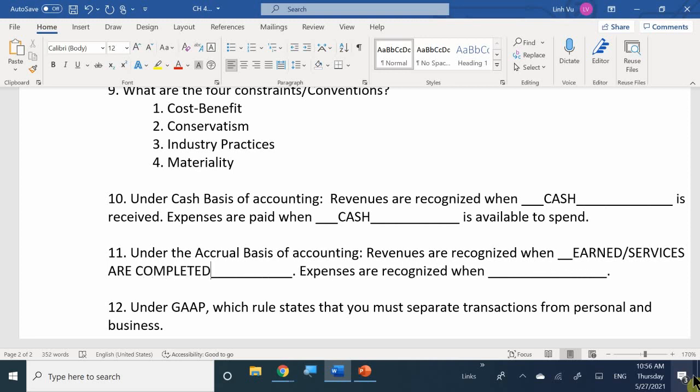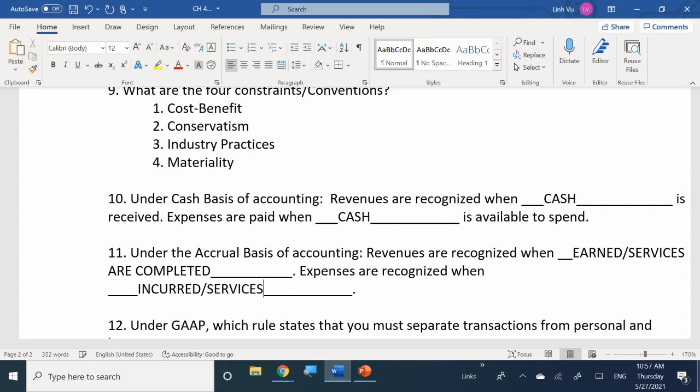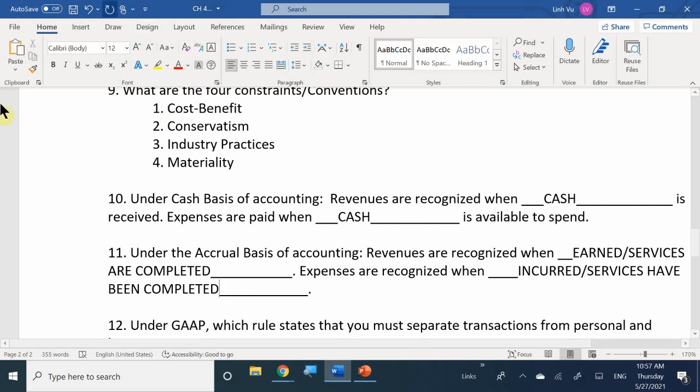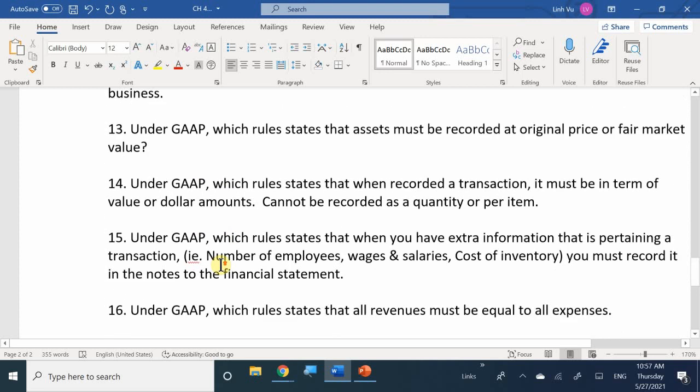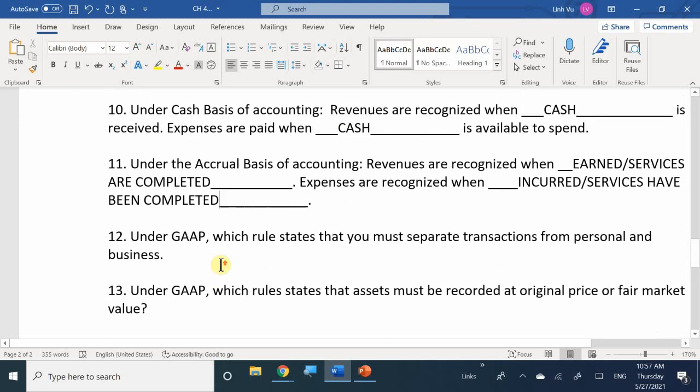And expenses are recognized when blank. Incurred, all right? Or in this case, you could also apply when services have been completed. All right, so no questions. 12 through 16 are going to be GAAP questions. So let's look at it carefully.